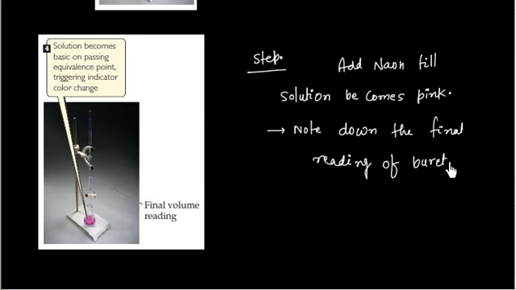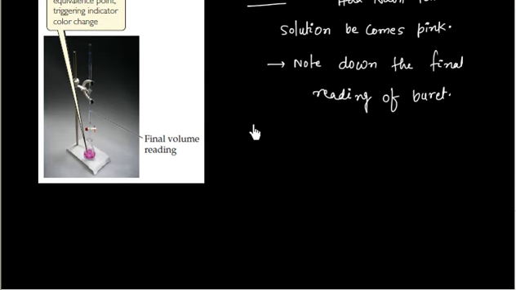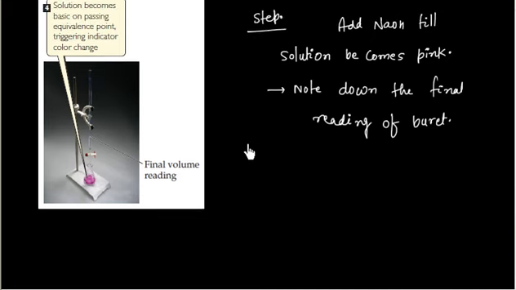If you subtract the two, final reading minus initial reading, we can calculate the volume of NaOH used. So the volume of NaOH used in this titration is Vf minus Vi, where Vf is the final reading and Vi is the initial reading of the burette.